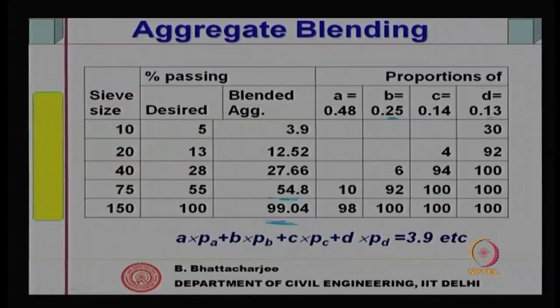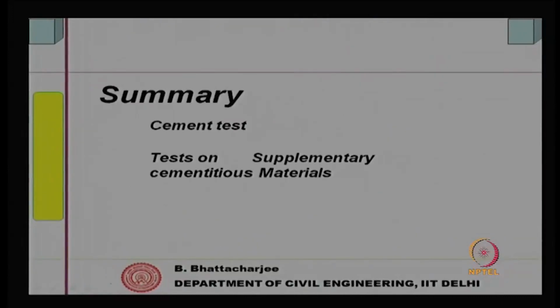So, therefore, total you can find out, and this is how you can obtain the proportion of all the aggregates. So, therefore, this is how we find out the proportions of aggregate, right.